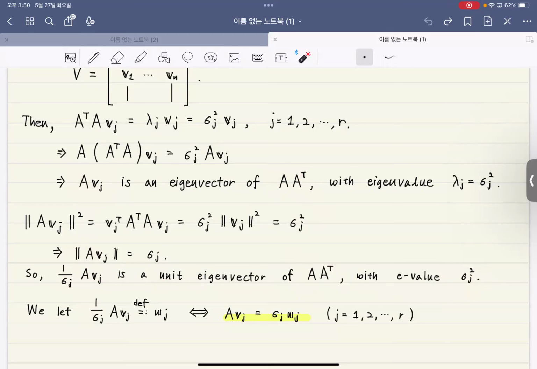I want to define this unit eigenvector to be uj, and multiplying both sides by the singular value, A vj is sigma j times uj. Again, this equation is true for the indices between 1 and r.